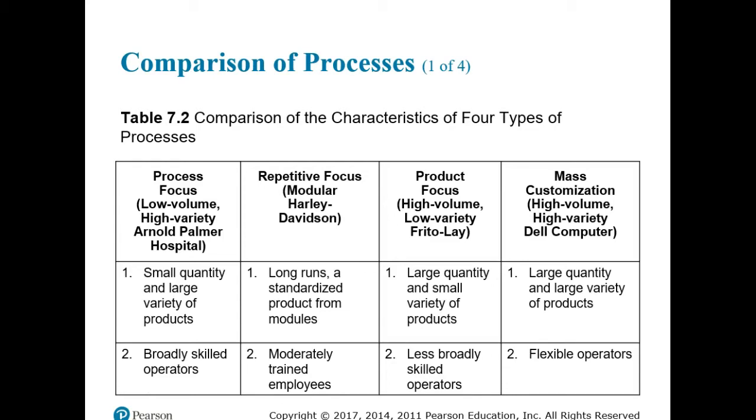And to achieve mass customization, the firm would have to ask itself what investments or changes may be required to move from its current strategy in column 1, 2, or 3 to column 4. Okay?